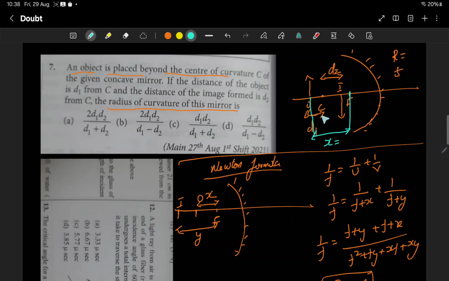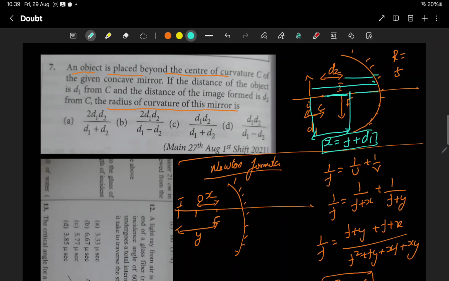I know this distance is d1 and this distance is d2. Up to C from the focus, this is the focal length f, and this is f, which together make 2f. Here I have d1, so x equals your focal length plus d1. This is the value of x.